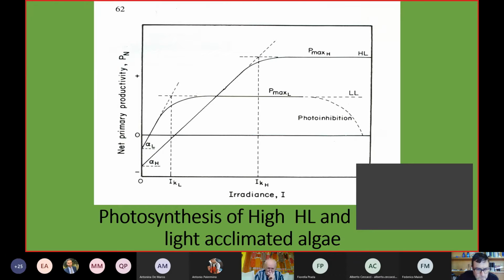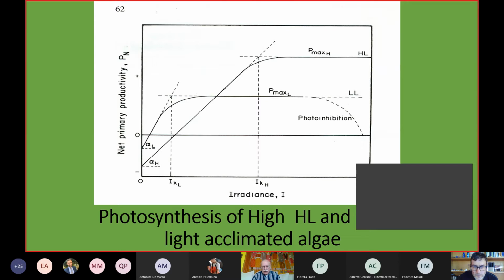You see that the oxygen doesn't increase, it decreases because it's used by respiration. But you can see that the respiration rate of the high light algae is much higher than that of the low light. Why? Because they grow, they multiply.